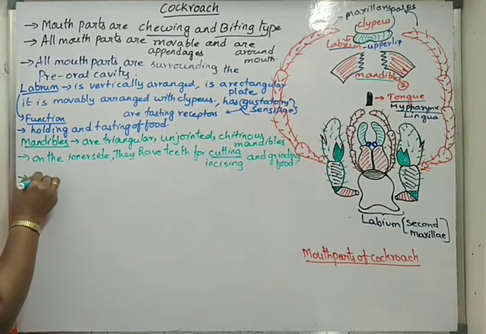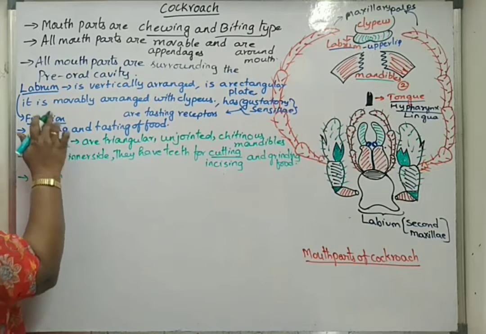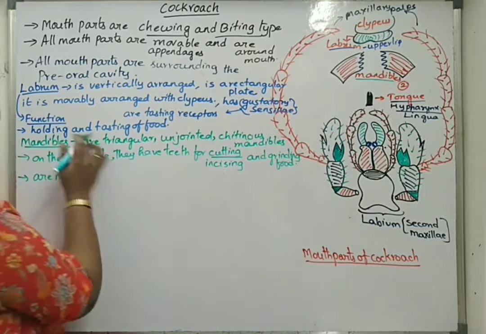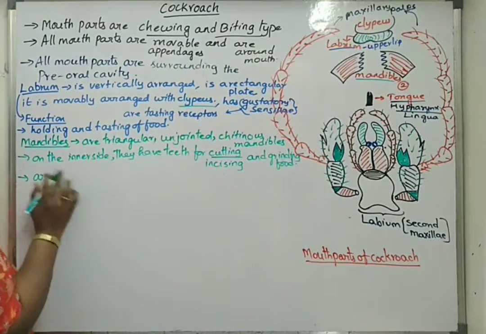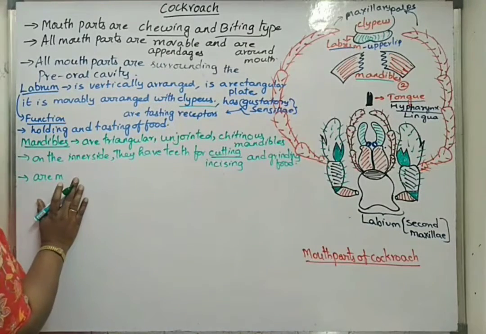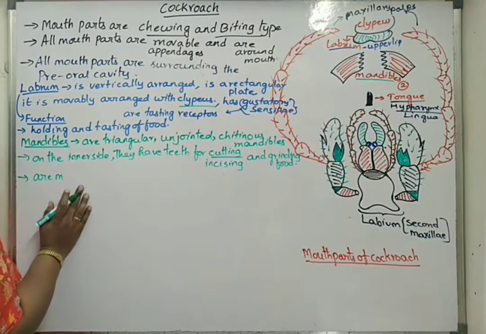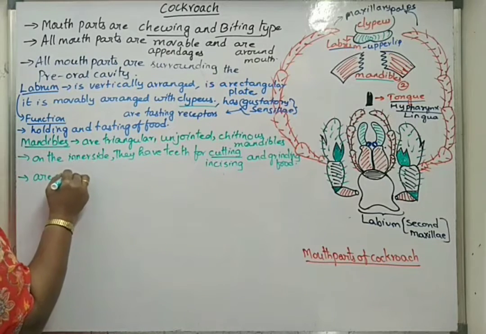We said that labrum is movably attached with the clypeus. Like that, mandibles move with the help of special muscles called adductor and abductor muscles.